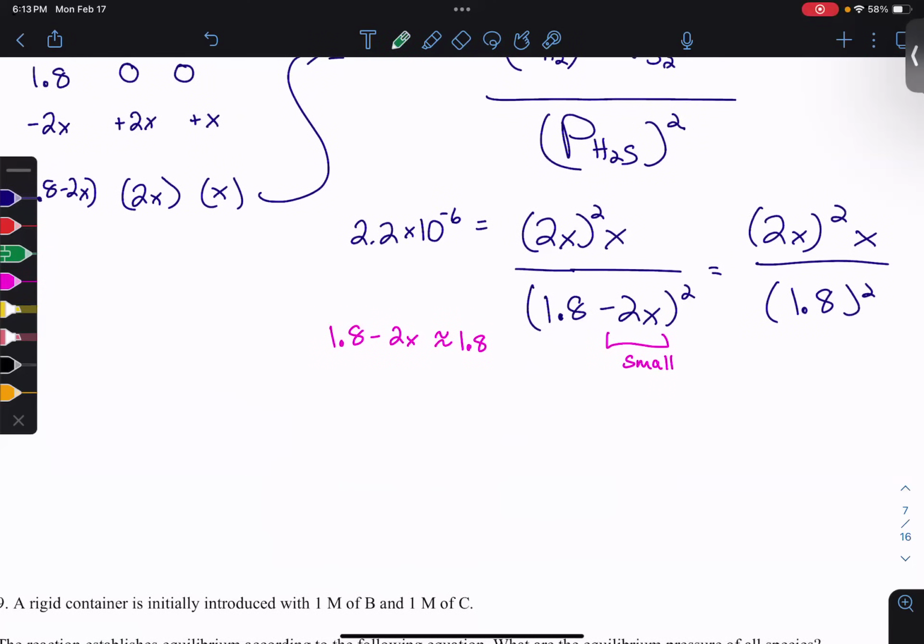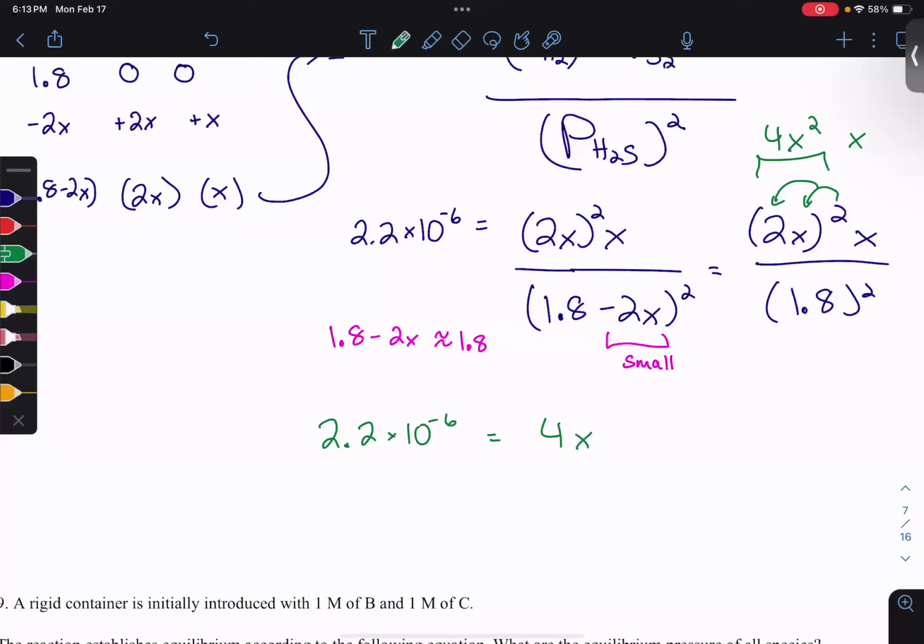Yes, I made it simpler, but you still have to do the algebra right, because when you have a square on a parentheses, what does this whole thing become? 4x squared, all right? And then there's still an x tacked on the end, so what is the entire thing in my numerator?